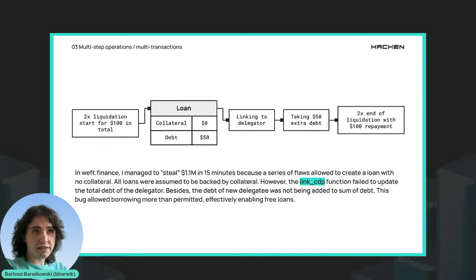Oh yeah, I even have this example, which I was talking about 2 or 3 weeks ago. They had this Weft Finance.